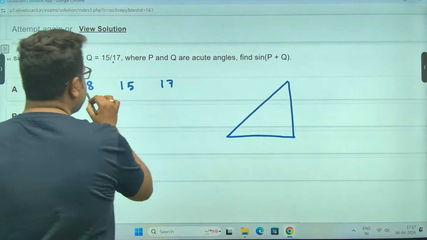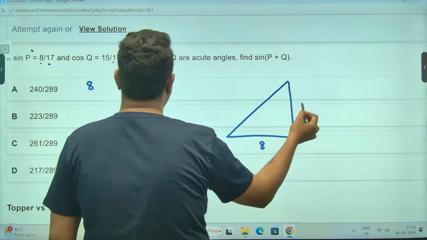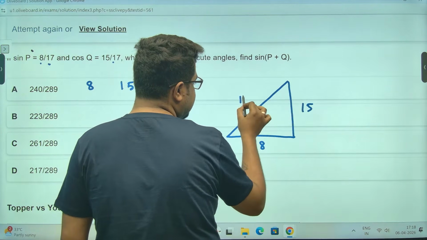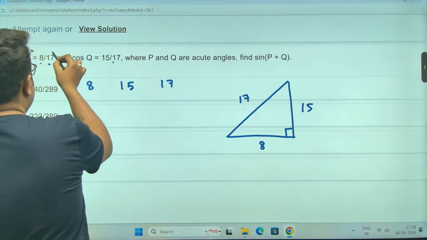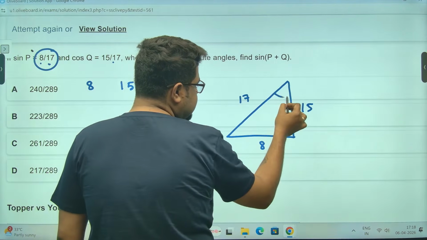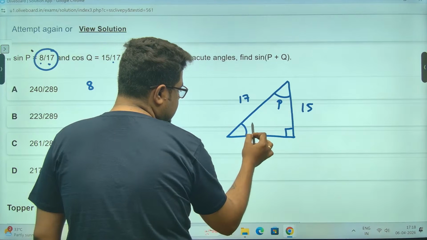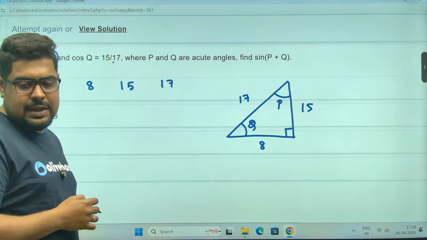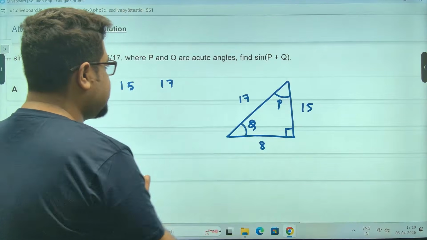If this is a Pythagorean triplet, let's say this is 8, this is 15, this is 17, sir. This is 90 degree. Sine P is 8 by 17. So that means this must be P, and this then must be Q. Otherwise it will not match.